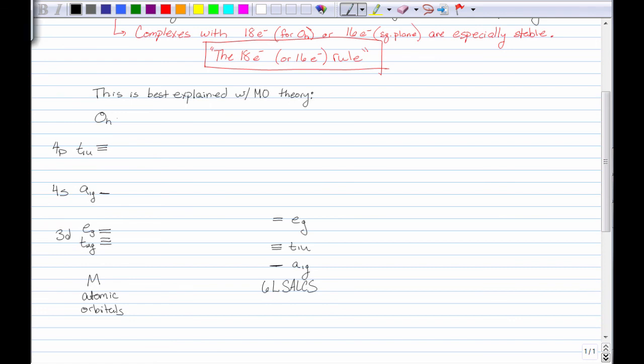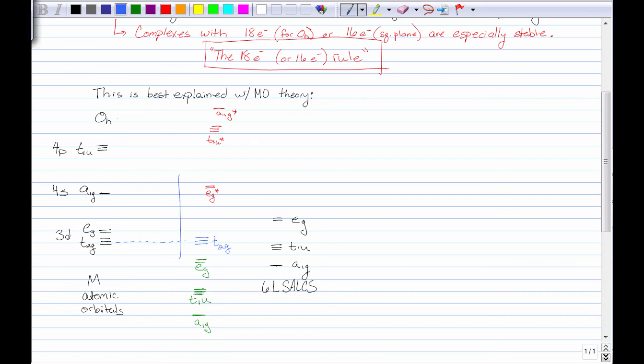On the left here, I've shown my metal atomic orbitals with the symmetry labels under an octahedral field, and I'm showing my 6 ligand SALCs on the right-hand side. I'm going to construct a diagram based on 6 sigma-only 2 electron donors. I've colored my bonding orbitals in green, my non-bonding orbital in blue, and my antibonding orbitals in red.